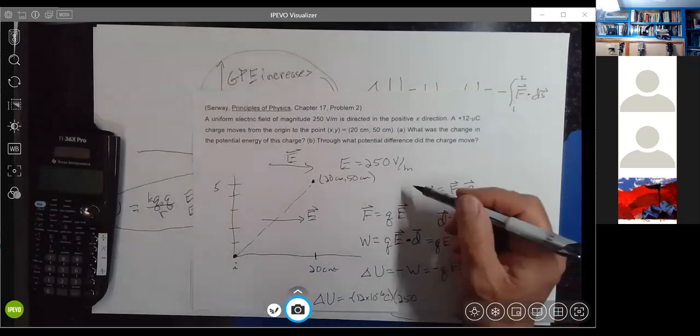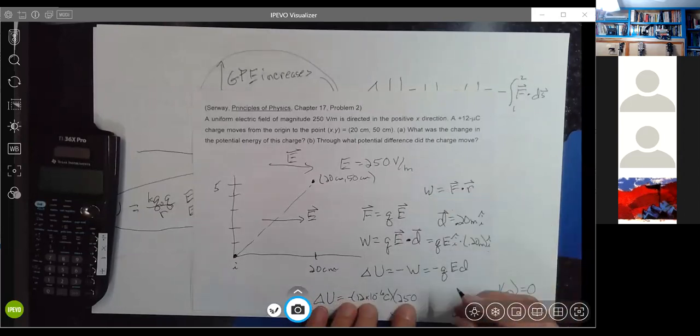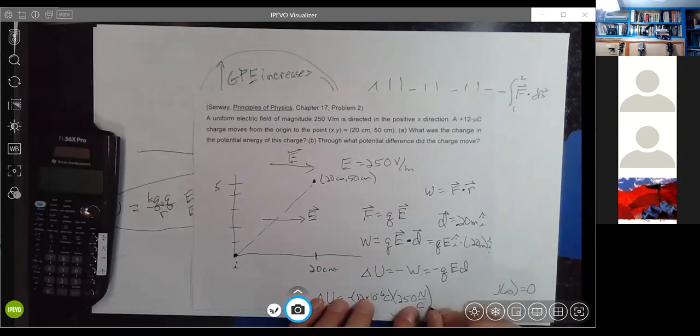It's a volt per meter, but I could also think of it as a Newton per coulomb, and it's probably easier at this point to think of it as a Newton per coulomb. Although, if I thought of it as a volt per meter, either way, we can do that. Oh, and then 0.20 meters.